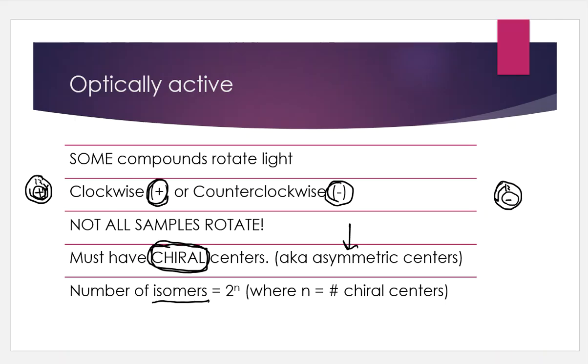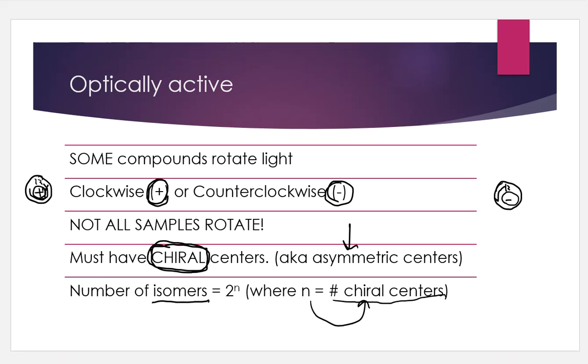That is an isomer of the first one. I'm using the same ingredients. I'm using the same pieces. I'm using the same parts. They're just connected in a different way. So that is an isomer, and the number of isomers can actually equal 2 to the nth power, where n is the number of chiral centers.